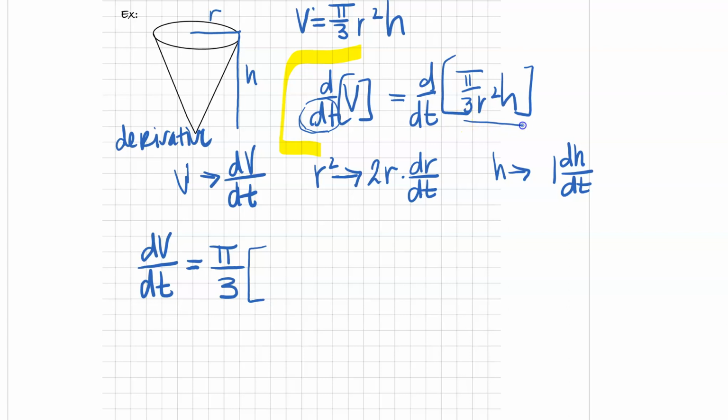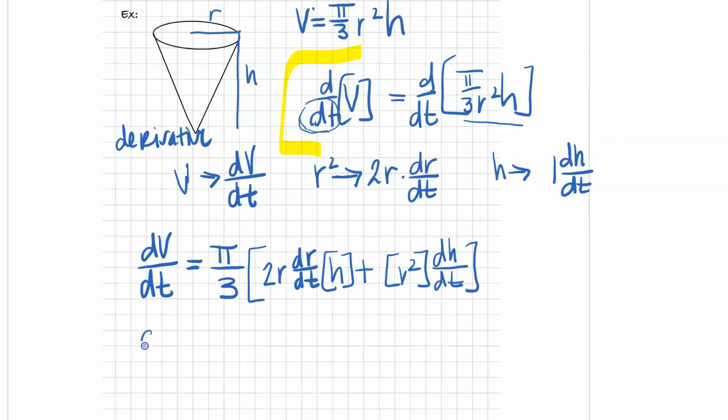And then we're going to work with this piece here, r squared h. So we're going to have to apply our product rule. The derivative of the first, which we already said was 2r dr dt, times the second, which is h, plus the first, r squared, times the derivative of the second, which was dh dt.